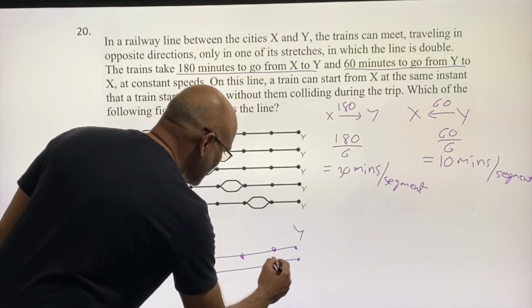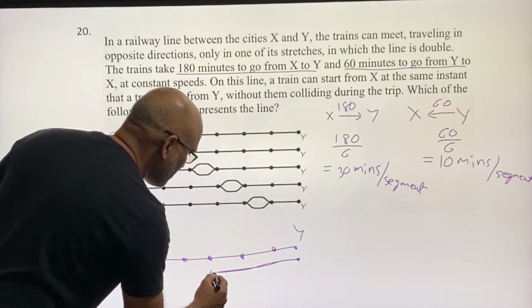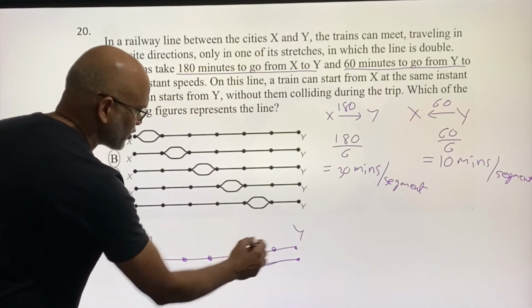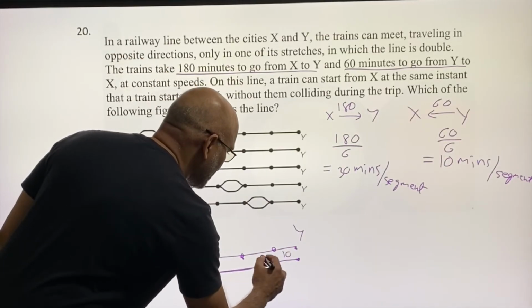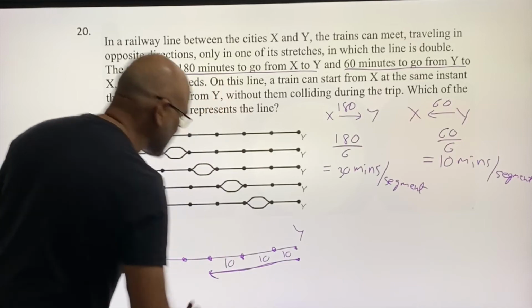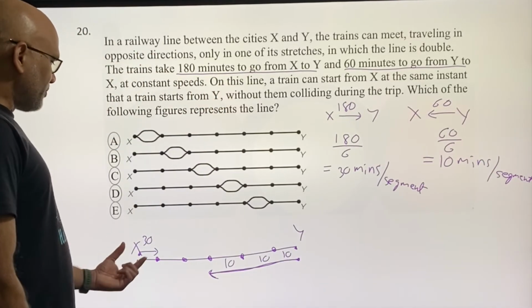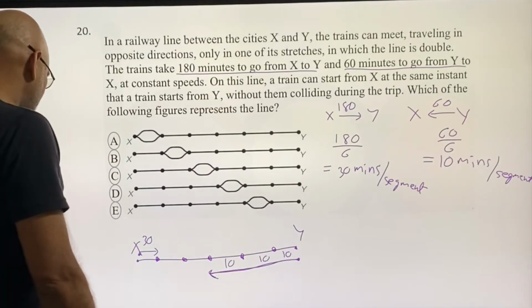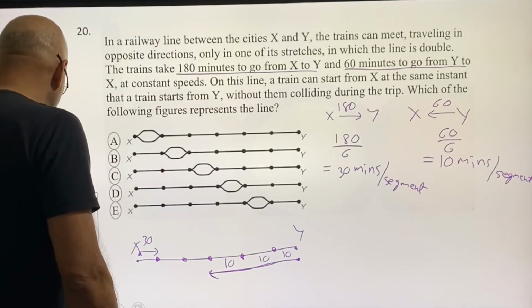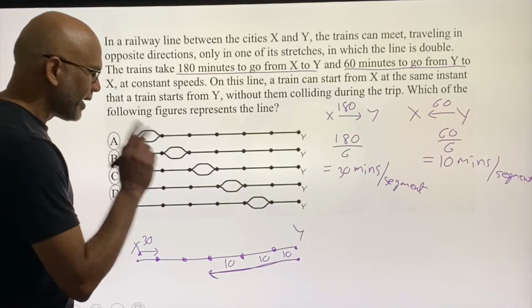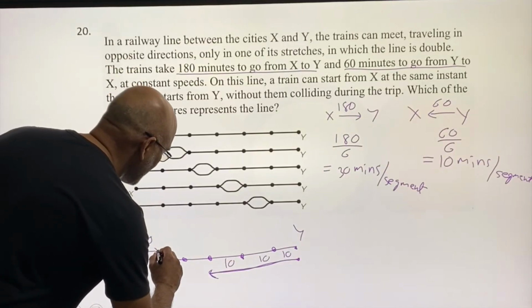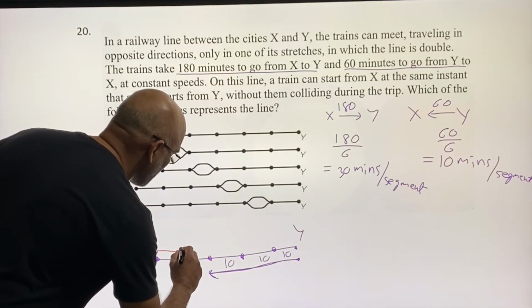So in 30 minutes, it is going to cover 3 segments, right? So 10 minutes here, 10 minutes here, 10 minutes here. Okay. All right. So this is the first 30 minutes. Next, let me change the color. In the next 30 minutes, this train is going to go from here to here.